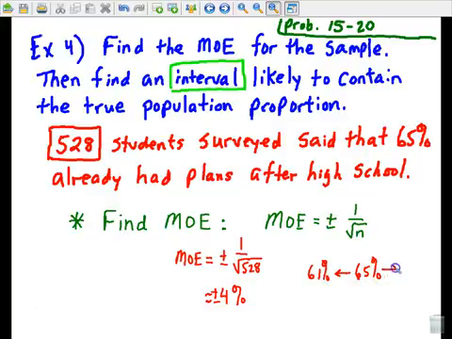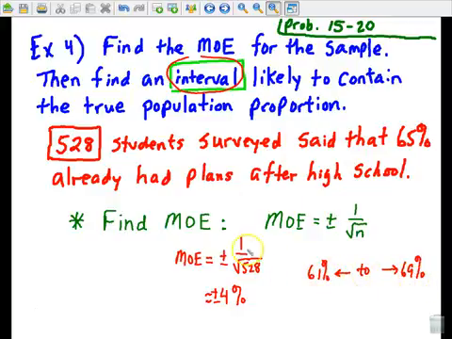And if we add 4%, since it's plus minus, then we get 69%. So the interval likely to contain the true population proportion, accounting for the margin of error, is 61% to 69%.